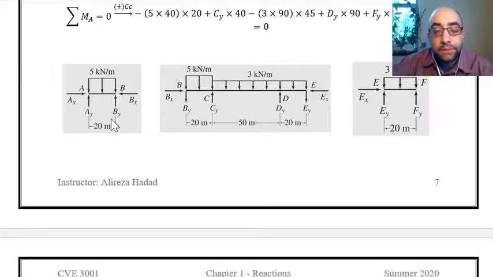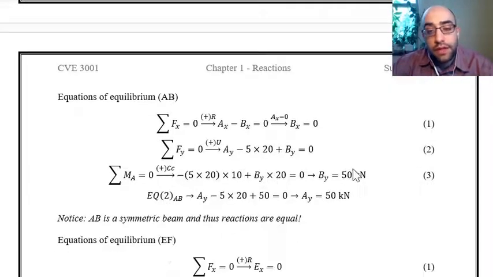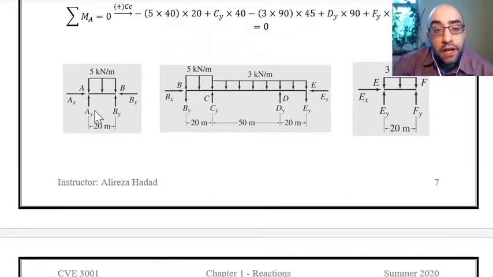So AY and BY will be equal to each other. So we can say these values that we could find over here are correct, and the calculation is right. So I could find the reaction at point A, I could find the vertical force at point B.